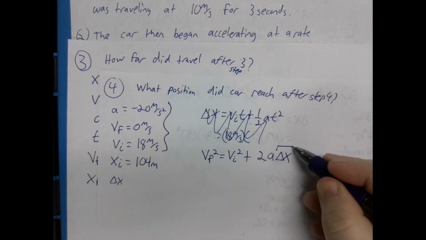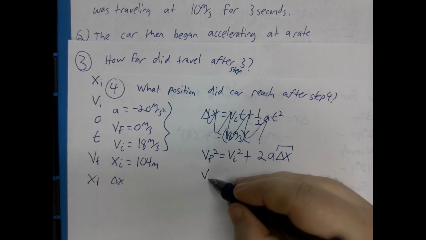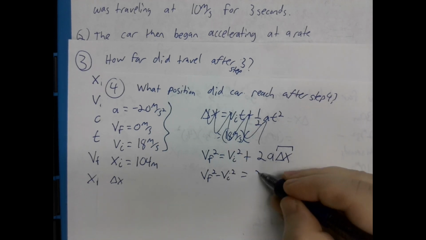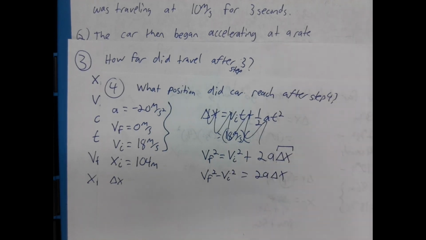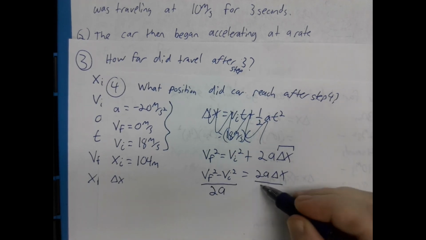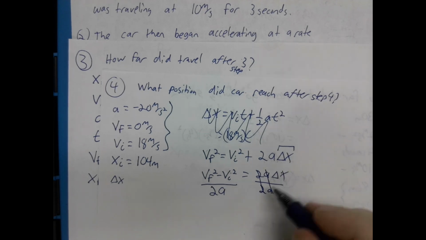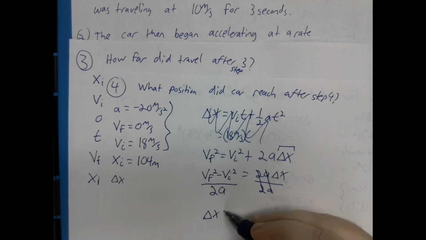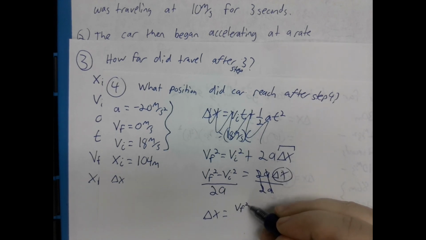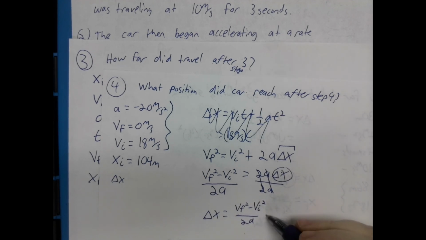We're solving for delta x. So subtract this over. Vf squared minus vi squared is equal to 2a delta x. Now divide by 2a on both sides. The 2 and the a cancel out. And we see that delta x is equal to vf squared minus vi squared divided by 2a.